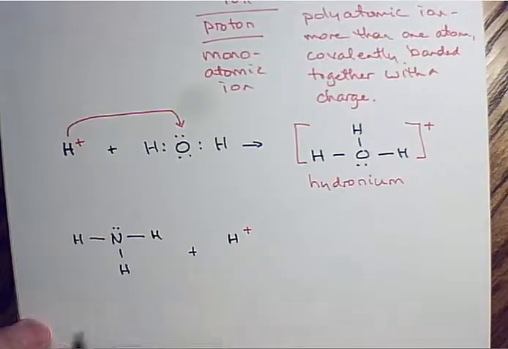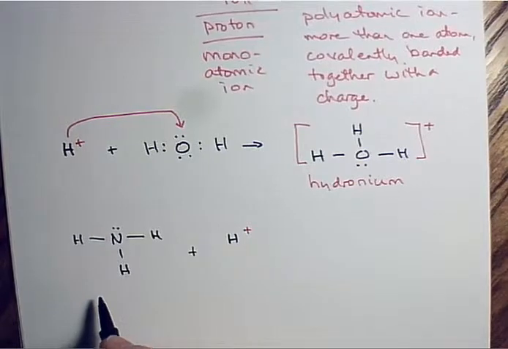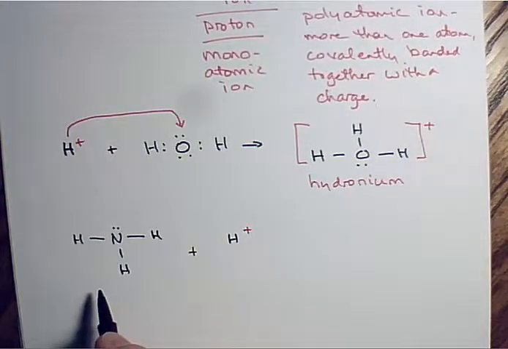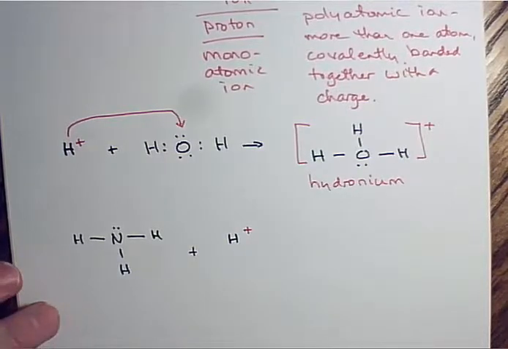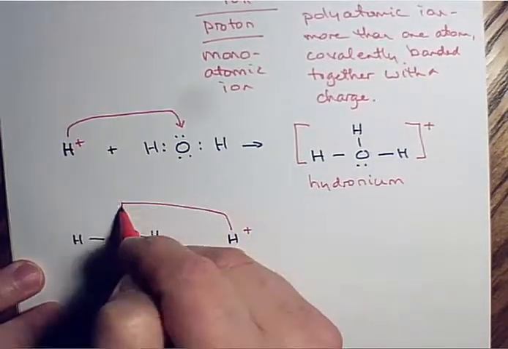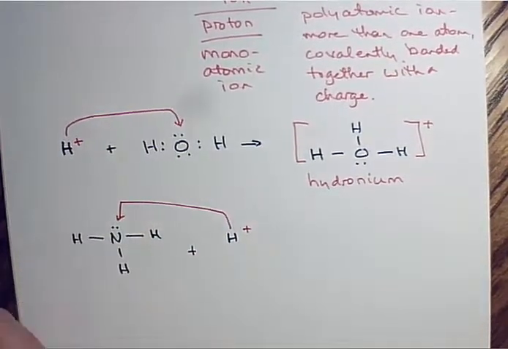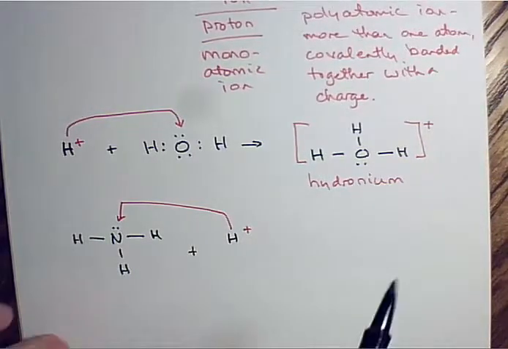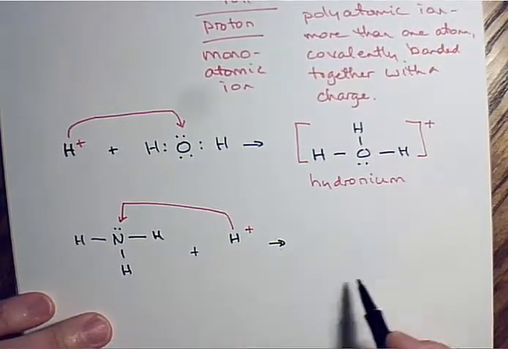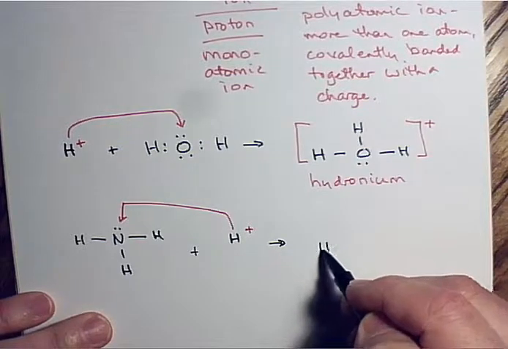And what does that hydrogen ion or that proton really want? 2 electrons. Well, could it get that from that ammonia? Hey, how about that? Join up right there, couldn't it? And so what we get is this.